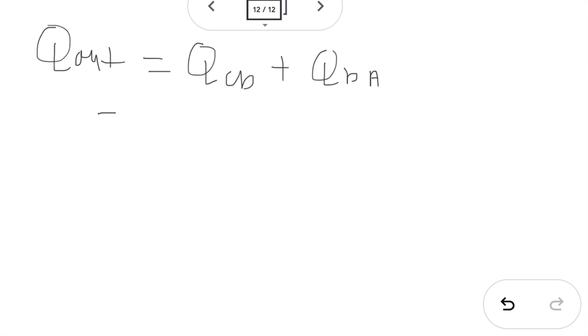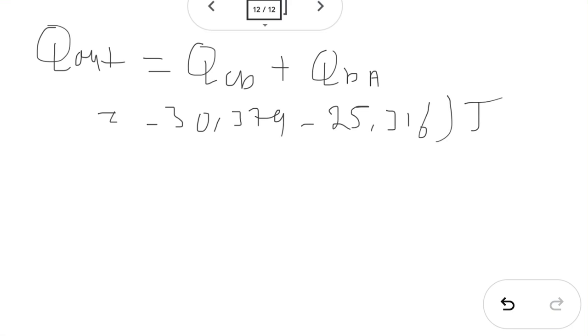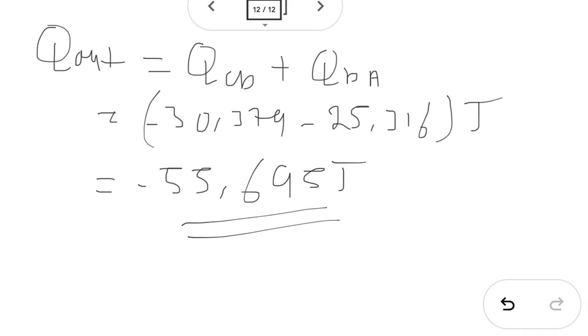Therefore, we have the total as negative 30,379 minus 25,316, giving us a total of minus 55,695 joules. So this is the total heat output of this particular system.